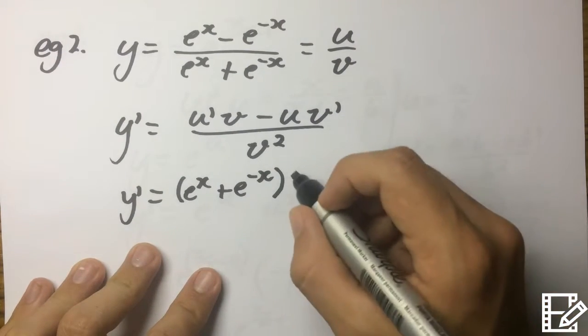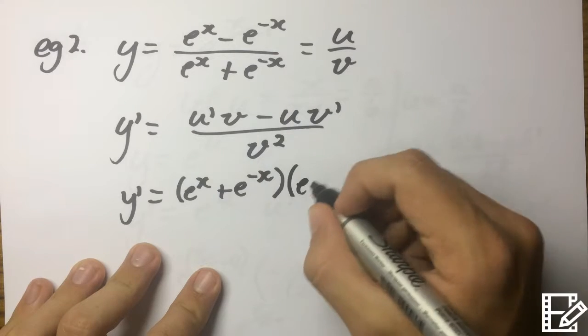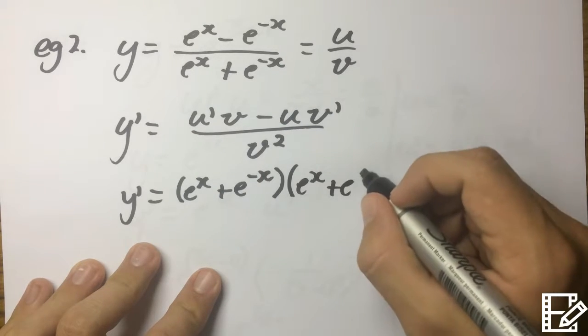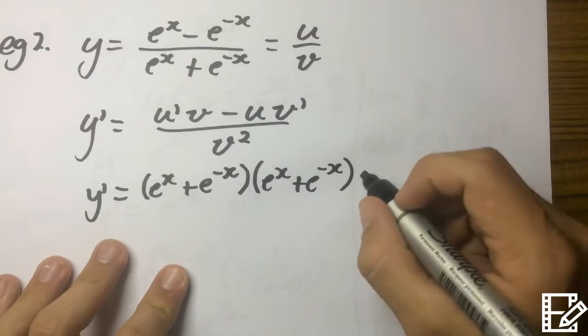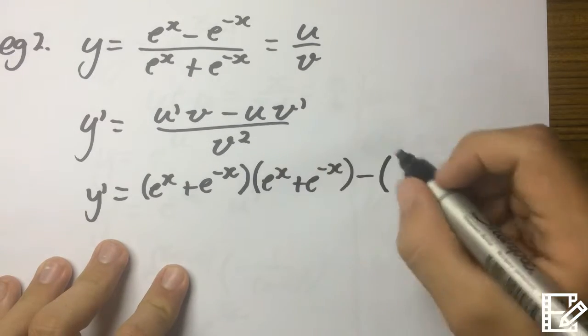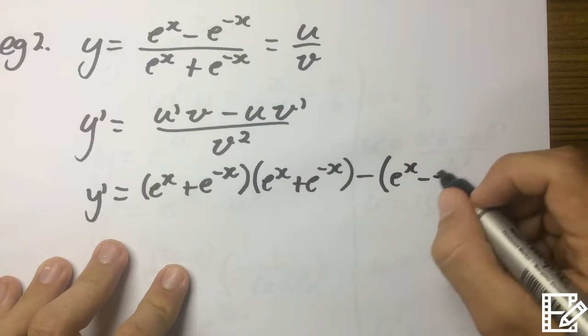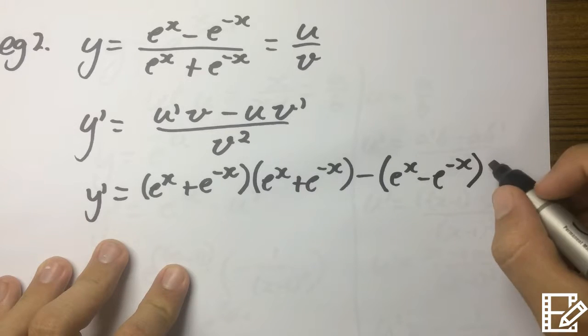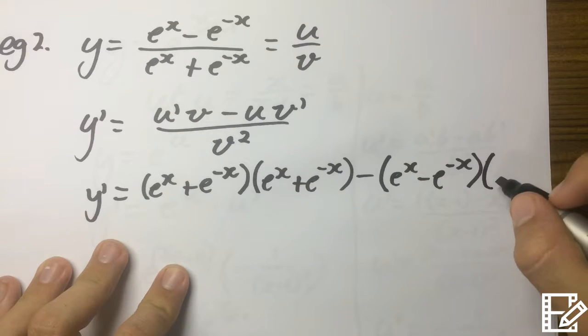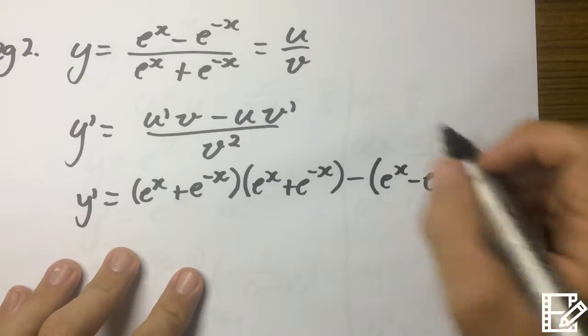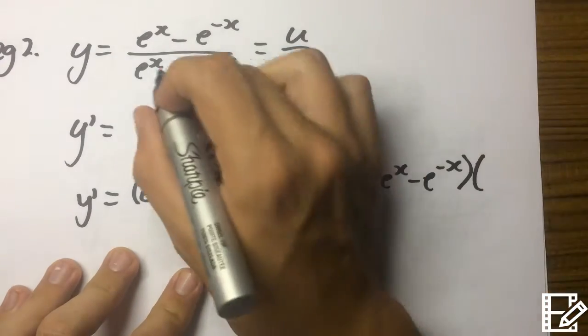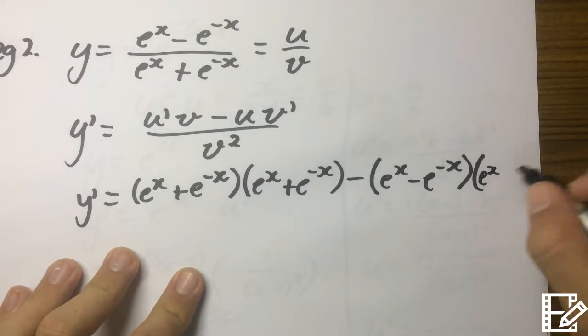Okay, now u dash v, which is e to the power of x plus e to the power of -x, minus u, which is e to the power of x minus e to the power of -x, and then derivative of v. First, e to the x, derivative is just e to the x.